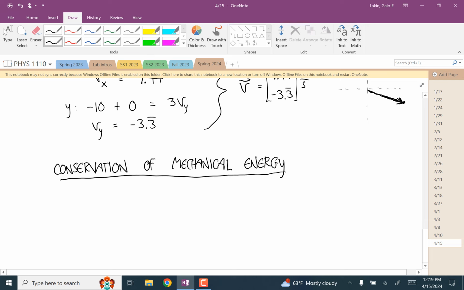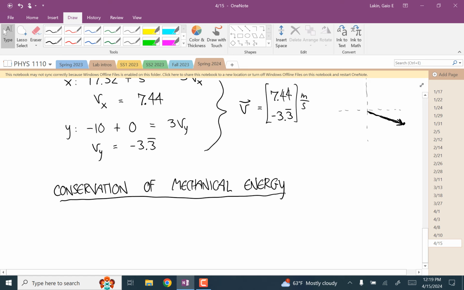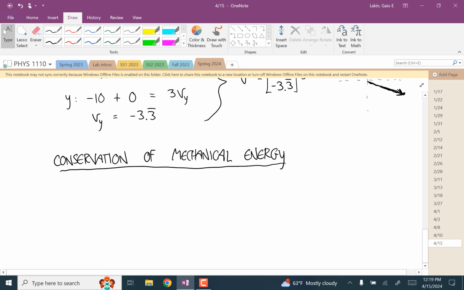And remember, if you're looking for a kind of problem where we're going to use this, it's going to be problems where you're relating an object's location to its speed.